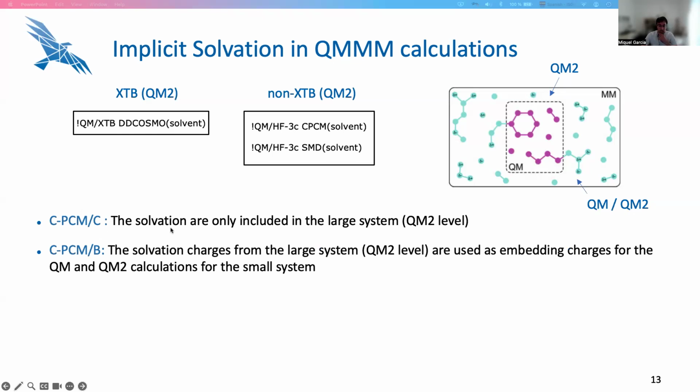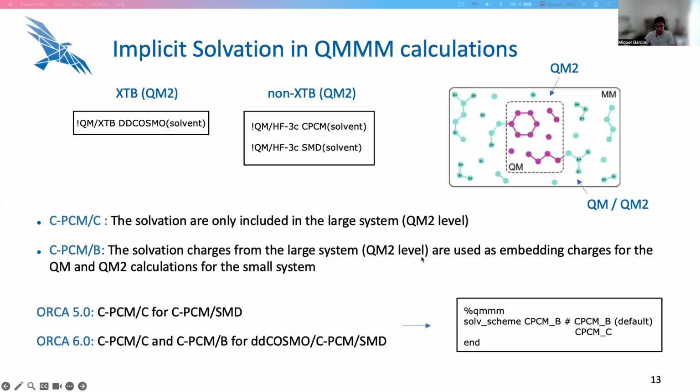But now the new default, if you specify these settings, is that for the big system, you have the solvation charges, and then the solvation charges are used as embedding charges for the calculations for the small system. This is called CPCM-B. And this is the default. If you run ALPB or DD-COSMO or CPCMX with XTB, you would automatically do CPCM-C by default.